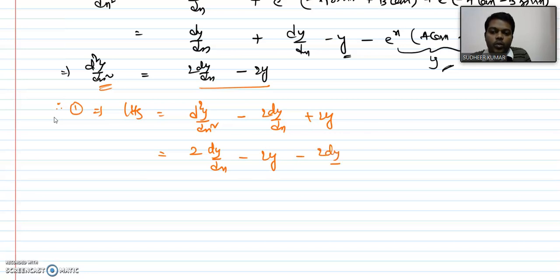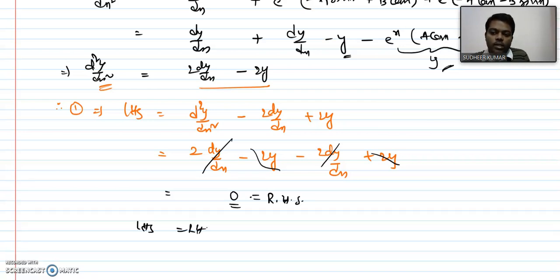This is minus 2 dy by dx plus 2y. So these two get cancelled and these two also. The result is 0, that equals RHS. So we got LHS equal to RHS.